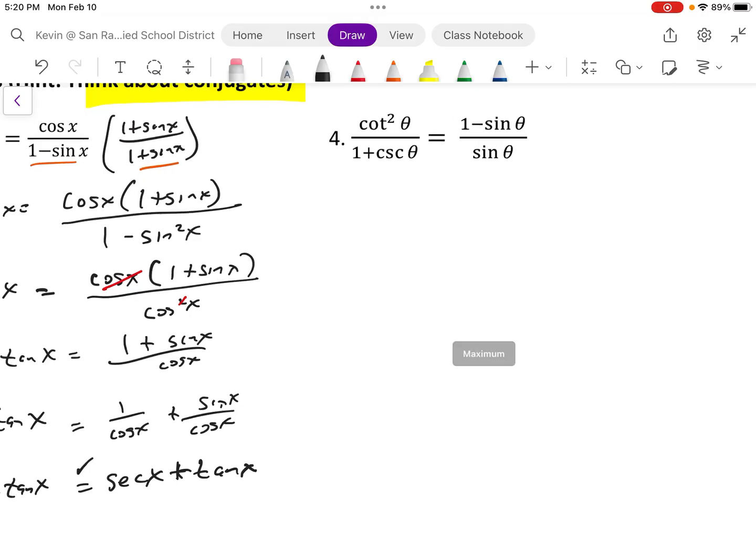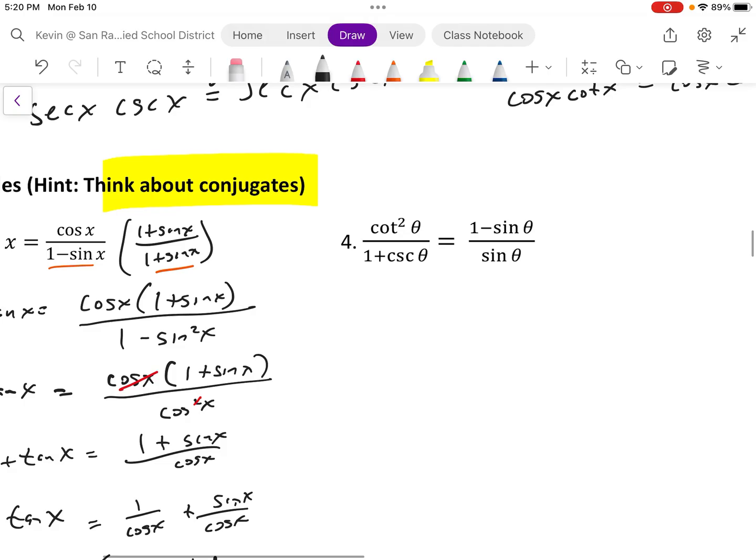Let's do the last one. Let's just start off by doing the conjugate and see where that takes us.